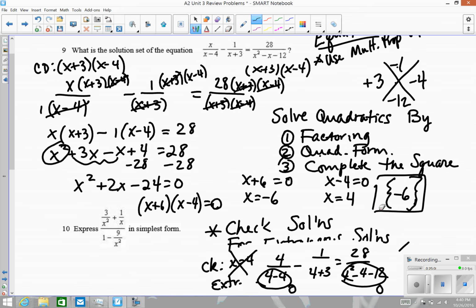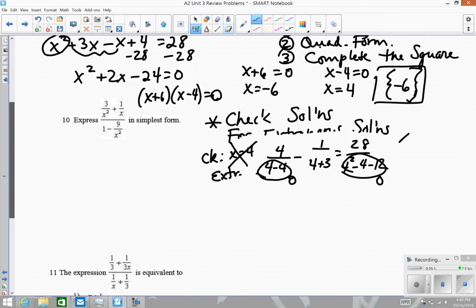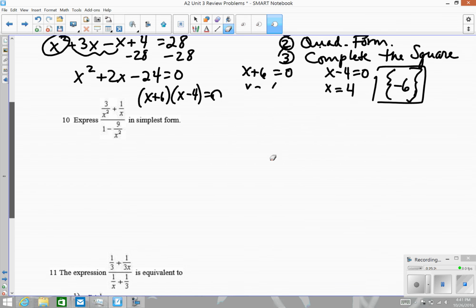All right, let's go now to number 10. I'm going to erase some of this so that I have some space to work out number 10. Number 10 is what we call a complex fraction, where I have fractions over fractions.